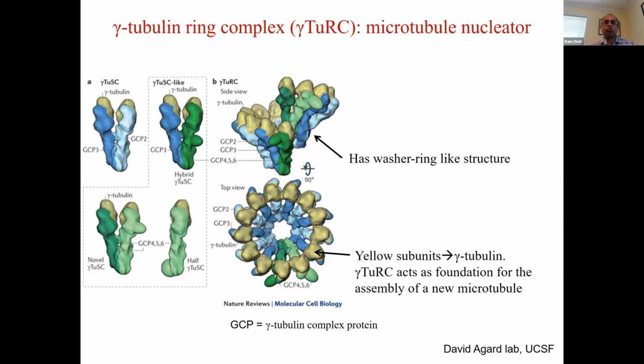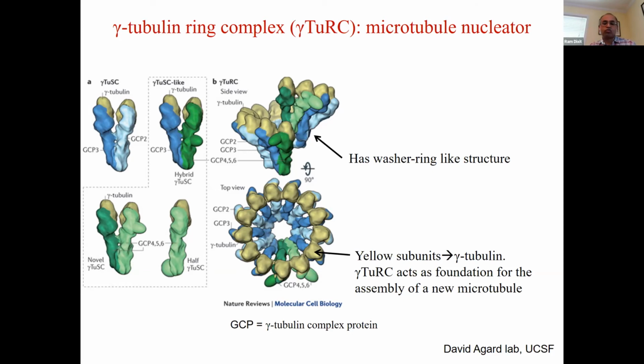The alpha beta tubulins are the ones that polymerize to form a microtubule polymer. Gamma tubulin is another version that is part of the nucleation complex, which consists of gamma tubulin, these yellow proteins here on the bottom, along with other proteins called gamma tubulin complex proteins, or GCPs. And this is the complex that initiates microtubule nucleation in cells.